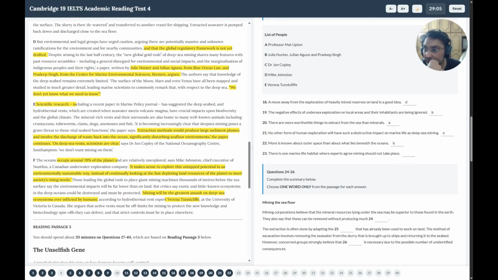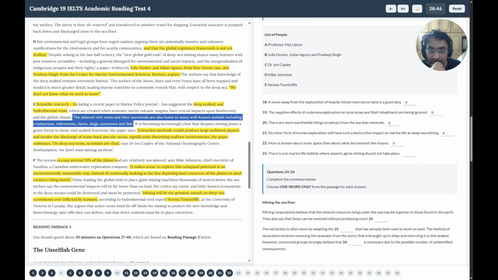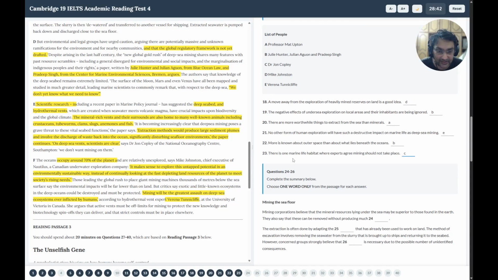Crucial impact. So, hydrothermal vents. This is the marine life habitat. Are home to many well-known animals, including crustaceans, tube worms. Okay, so this is basically the habitat, and this is marine life, and this is the habitat. So I think the answer has to be C.